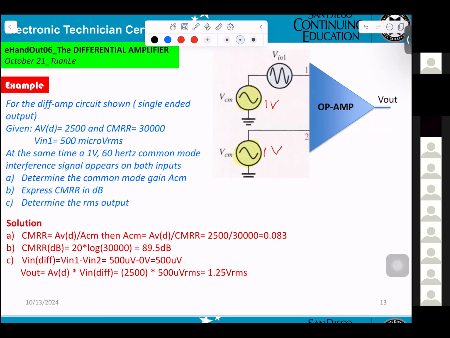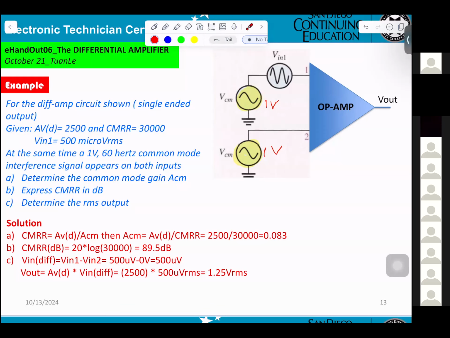So basically this is just noise. That's why it affects your input 1 and also input 2.